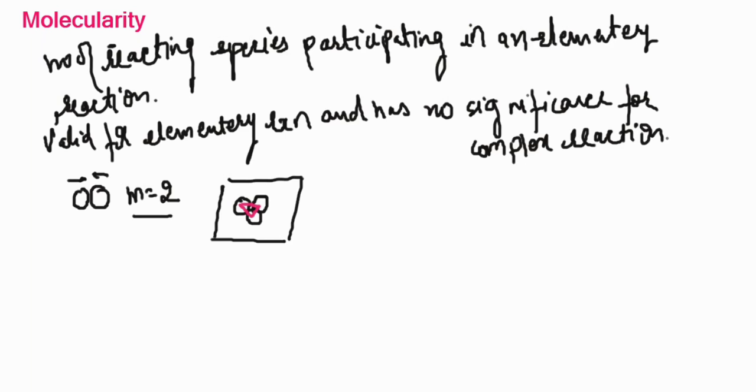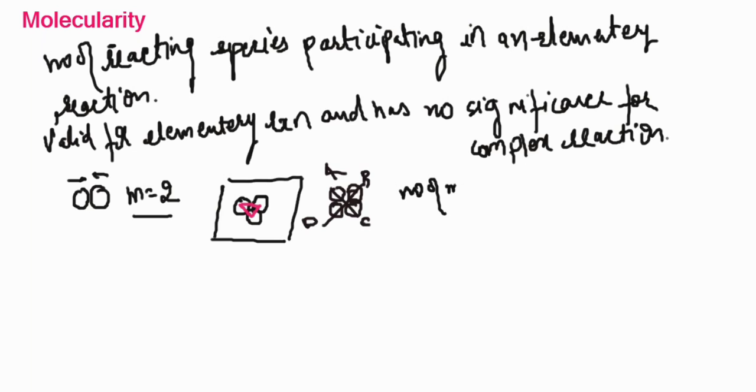If we take an example of 4 molecules, A B C D, B is not touching D and A is not touching C. So only 3 molecules can collide simultaneously. That is called the molecularity.